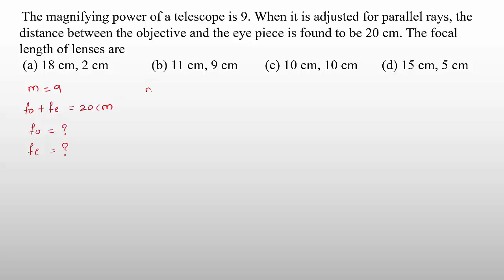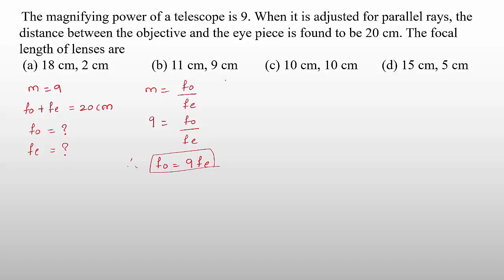So we know the relation m equal to fo divided by fe. Here the m value is given, 9 equal to fo divided by fe. Therefore, fo equal to 9 times fe. We can use this equation to calculate the focal length of each lens.